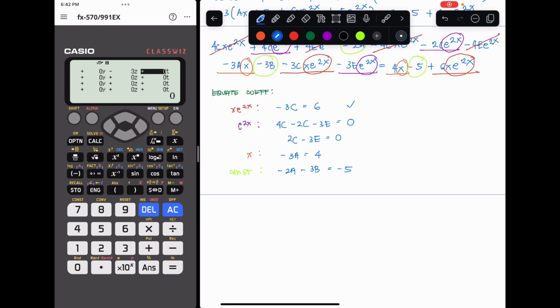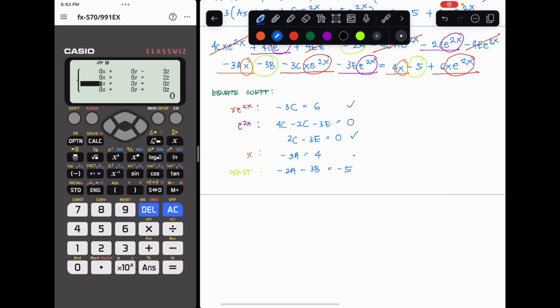And then E is 0 as well, and our constant is 6. For the second one, we don't have A, we don't have B, but C is 2, and then E is negative 3. Constant will be 0.